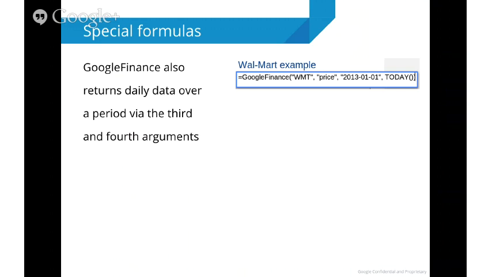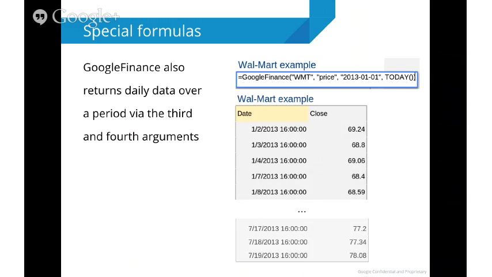The second part is grabbing this whole trend. And this is where Google Finance actually has these third and fourth arguments. They're kind of hidden, for the beginning and end of a range that you want to plot all data for. When you hit enter on this, so again, we've got Google Finance, Walmart, price, first day of the year, and today is a formula that just returns today's date.